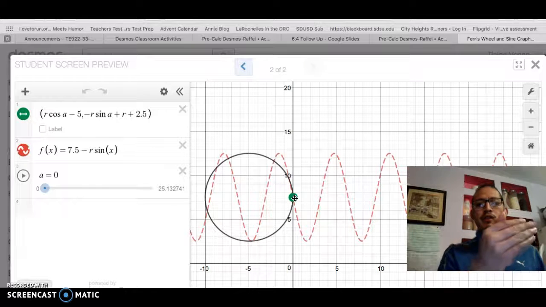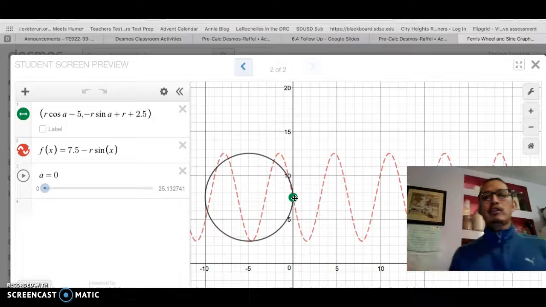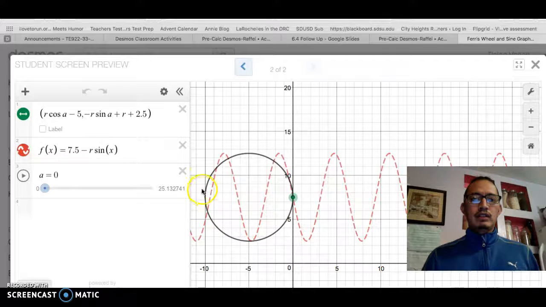Depends which angle you're looking at me. But this right here would be the position farthest to your right. Now, on this particular Ferris wheel, we're gonna go clockwise this way. Clockwise, and I'm gonna explain why I'm going clockwise.